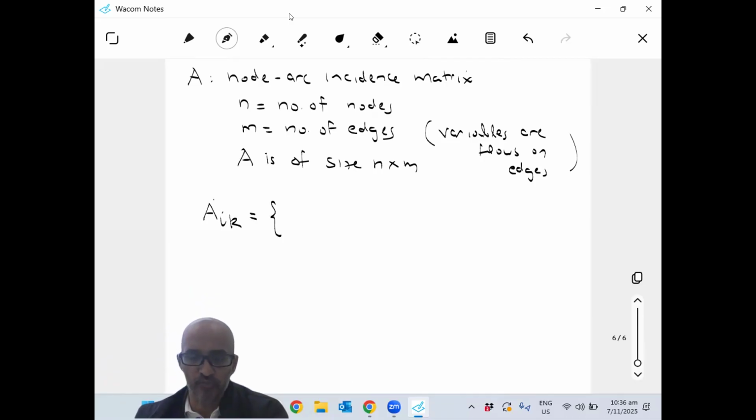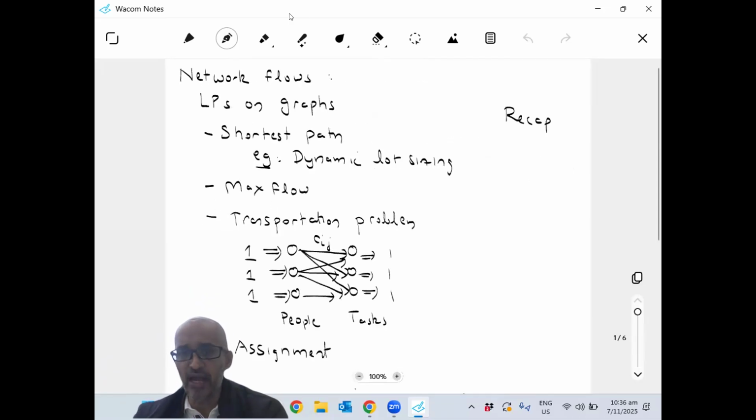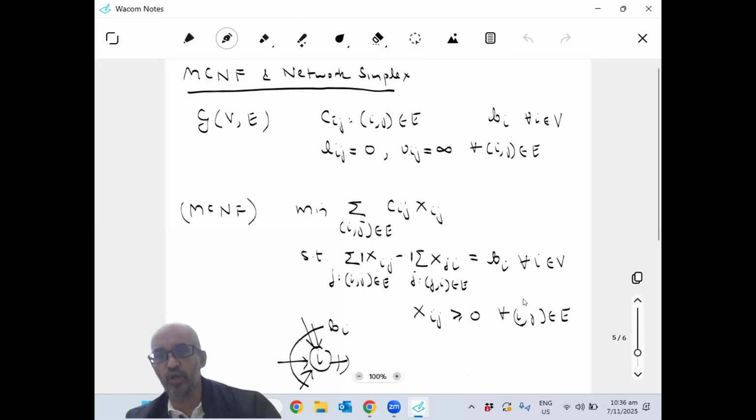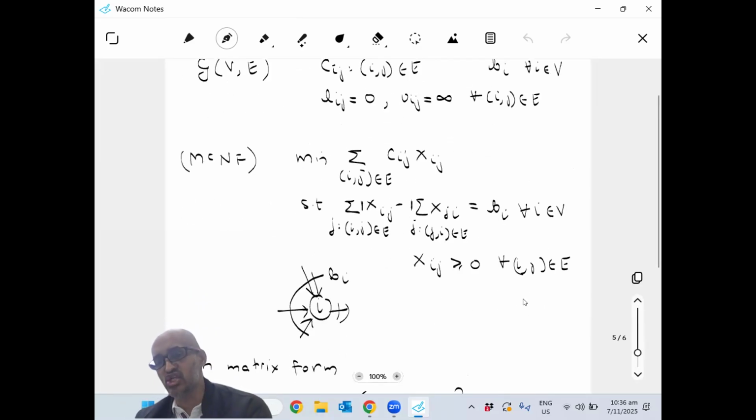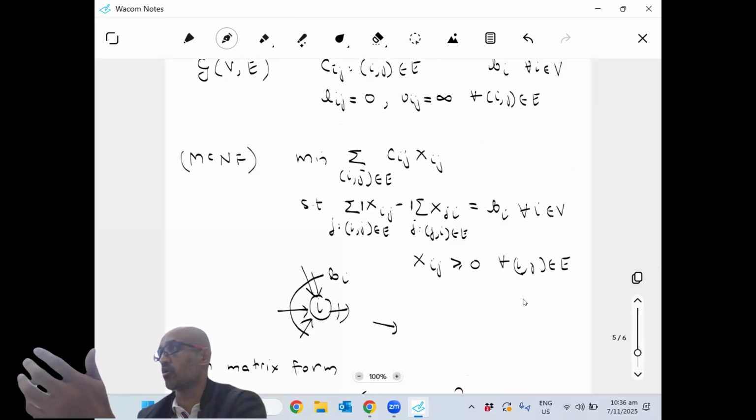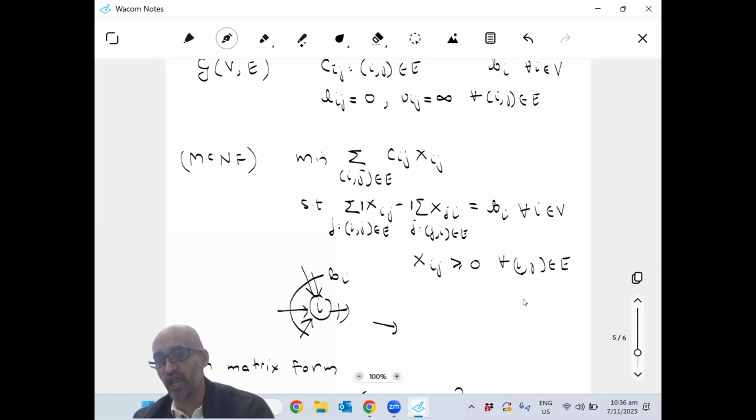If an edge leaves a node, it gets 1. If an edge enters a node, it gets -1. If an edge is not connected to a node, it gets 0 in that row. So at node I, all these will have +1, all these will have -1, all these will have 0.